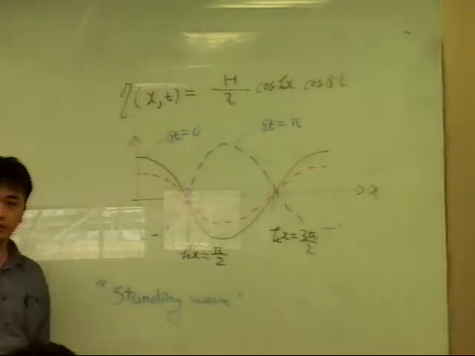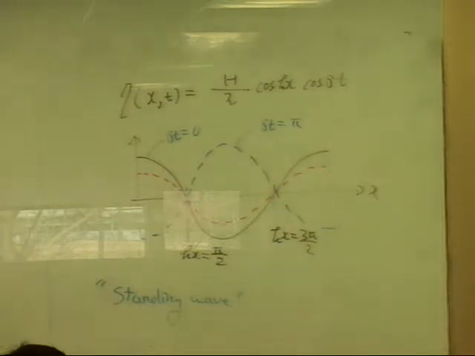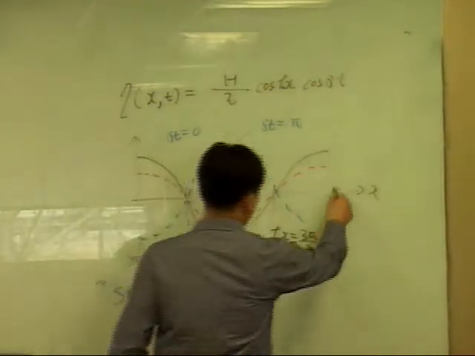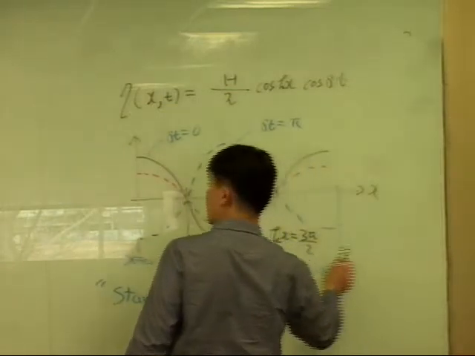Okay, so we got one of the solutions for water waves. It's named a standing wave. Here x equals 0. Here x equals L.